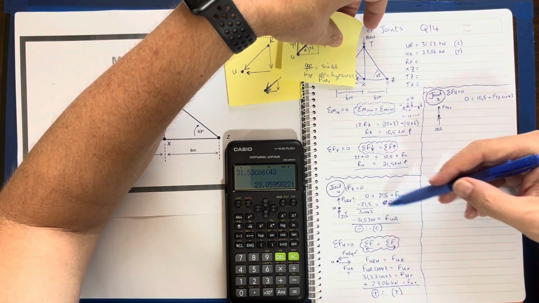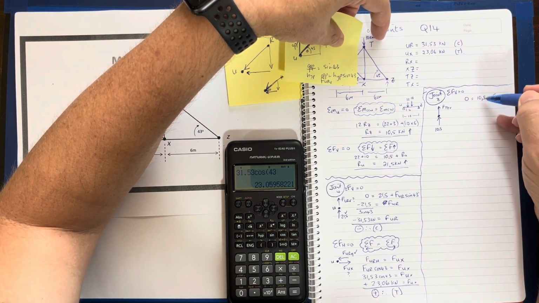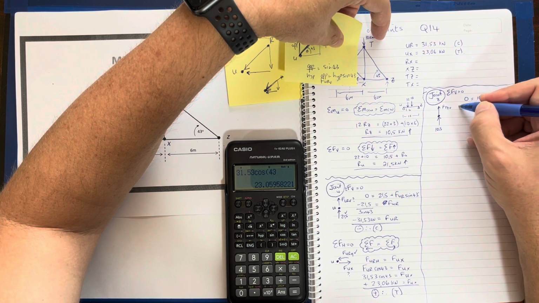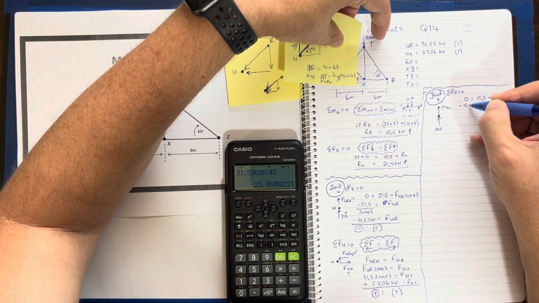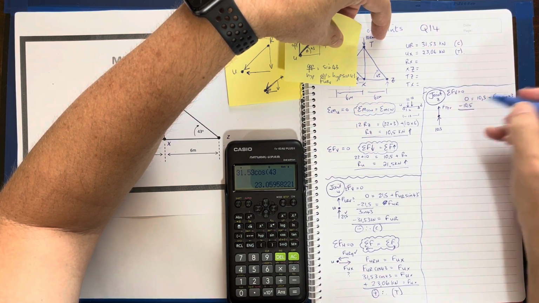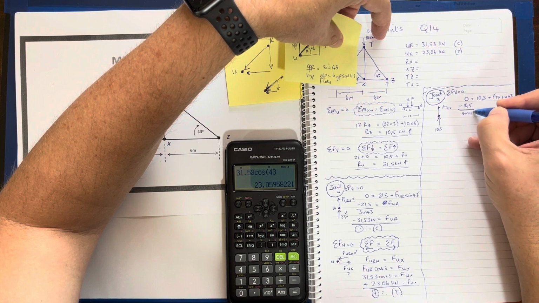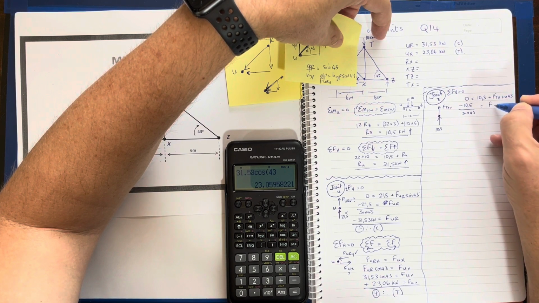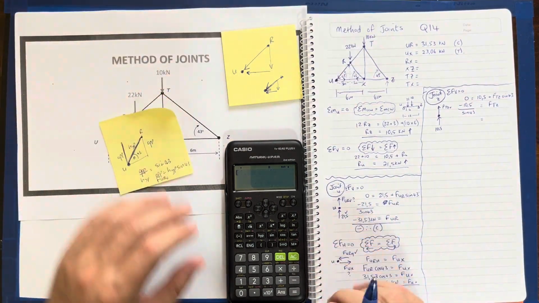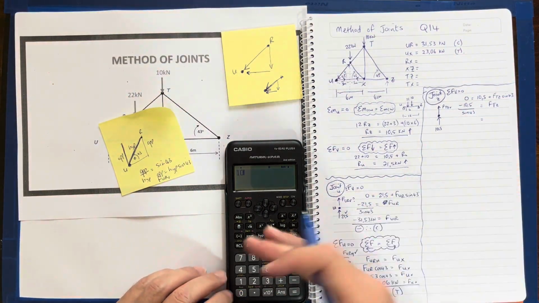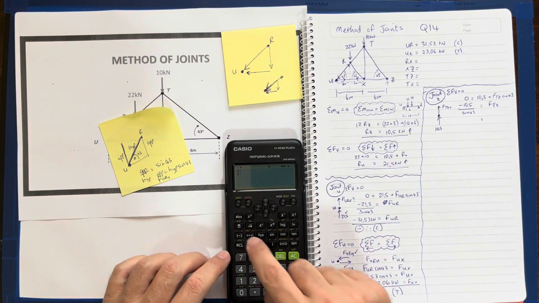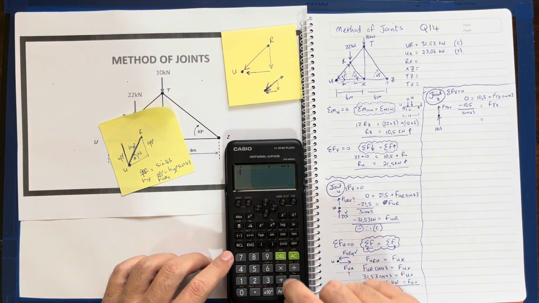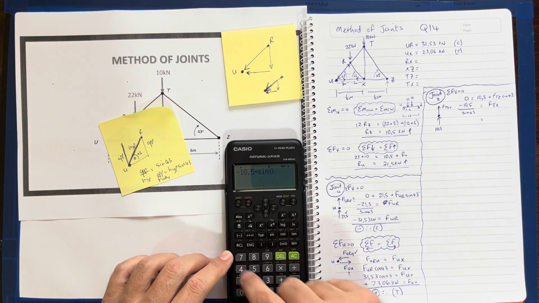And pretty much similar to that, what's going to happen is that's going to go to this side. It's going to become a negative. 10.5 divided by sine 43 is force of TZ. Let's work that out. I know it's negative, so I'm not going to type it in. Oh, let me do the right thing. Negative 10.5 divided by sine 43.